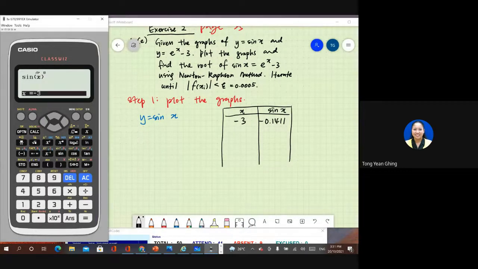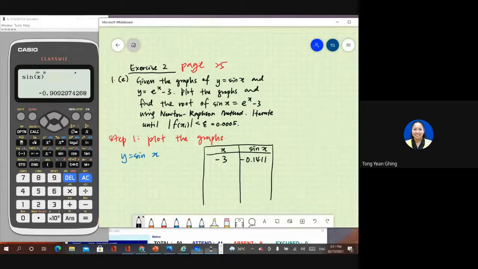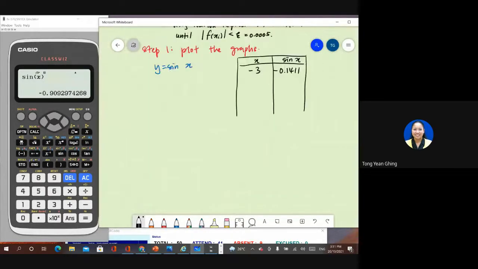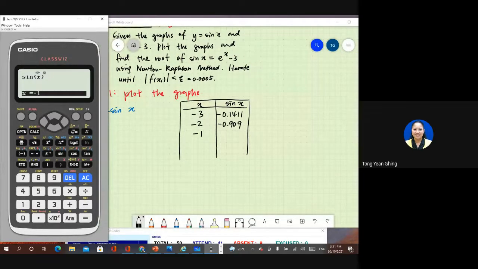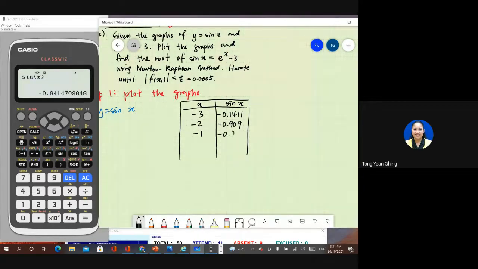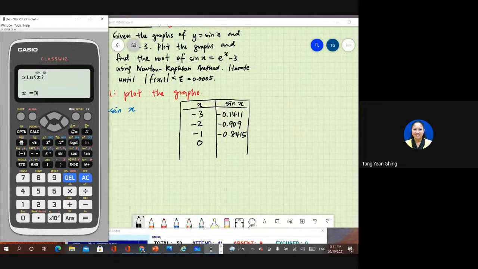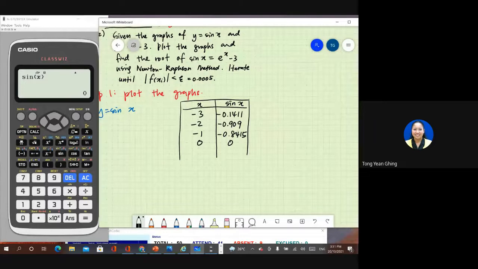Let's say calculate -2, which is -0.909. -1 is -0.8415. And 0 is 0.